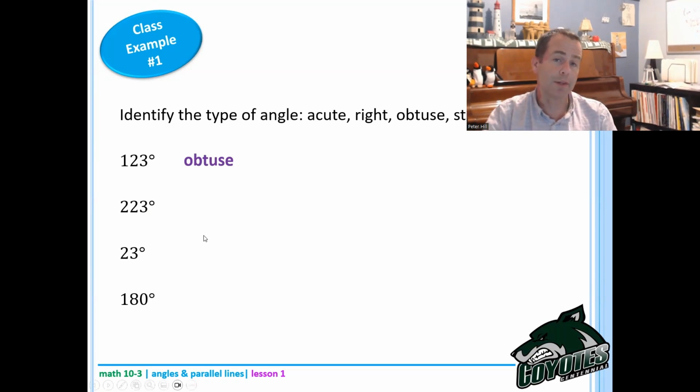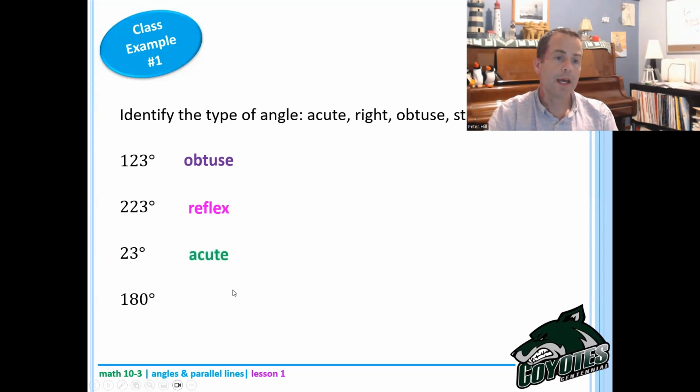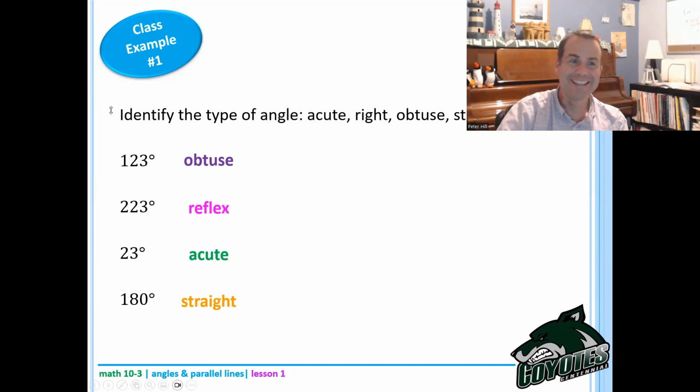So we'll call that a reflex angle. 23 degrees, that's now going to be in between 0 and 90. So we're going to call that acute. And then 180, straight line, that's my straight angle. Okay? Nothing too stressful, hopefully, yet.